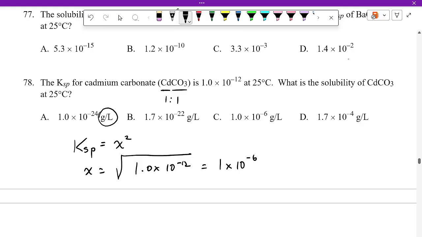And that's moles per liter, times grams per mole.